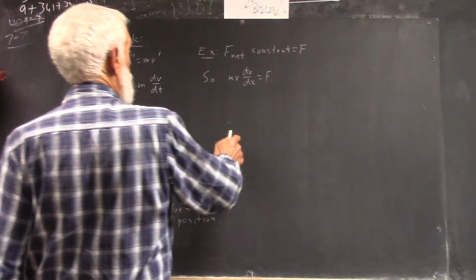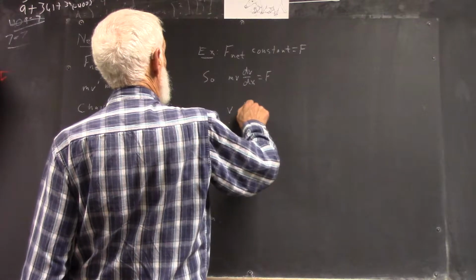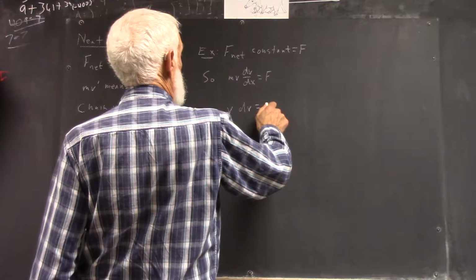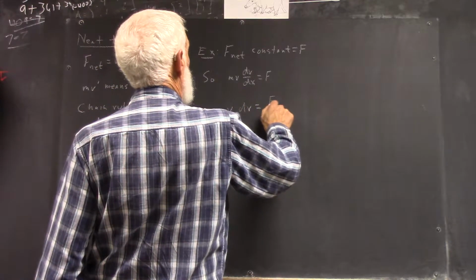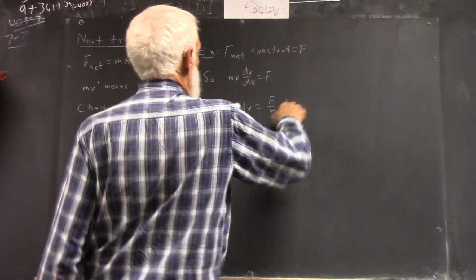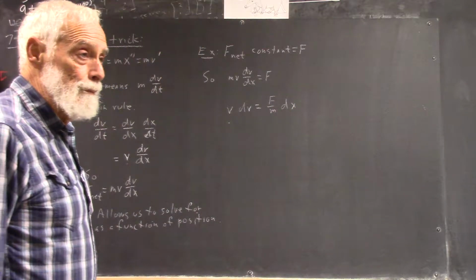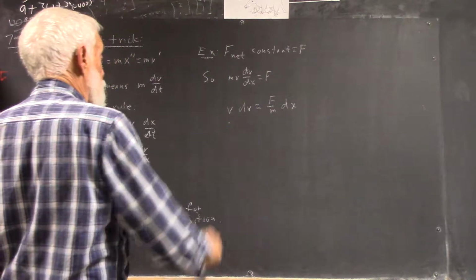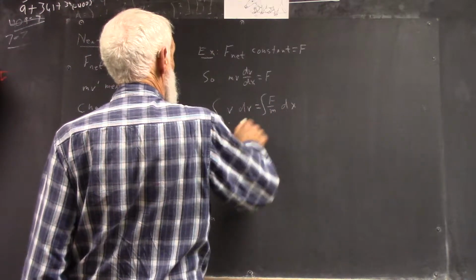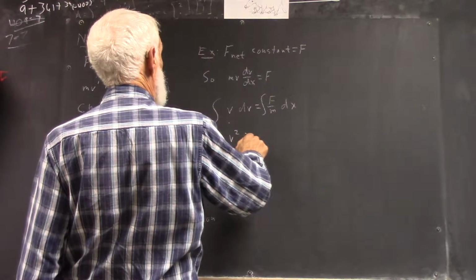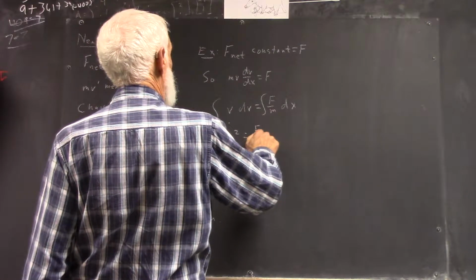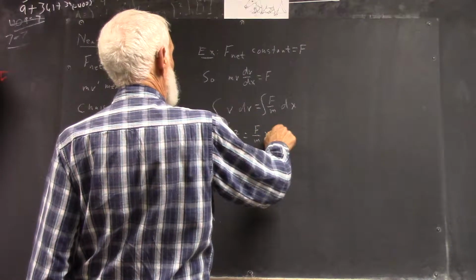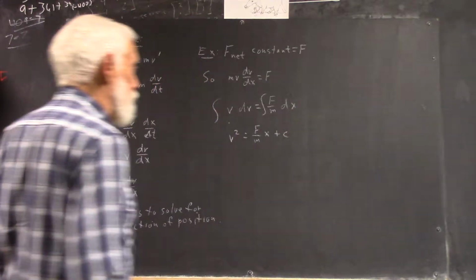Well, your solution, you can write v dv equals f over m dx, right? And you integrate that, and you get v squared over 2 equals f over m times x plus a constant.